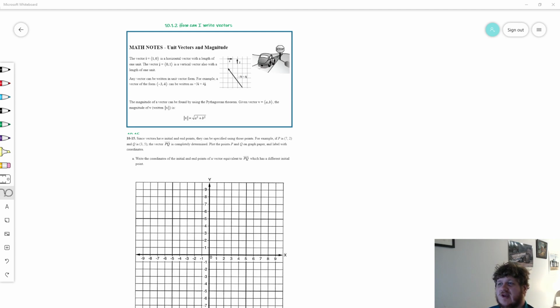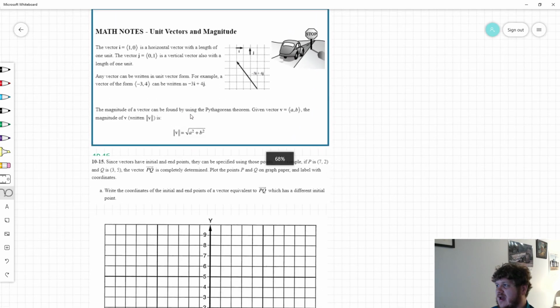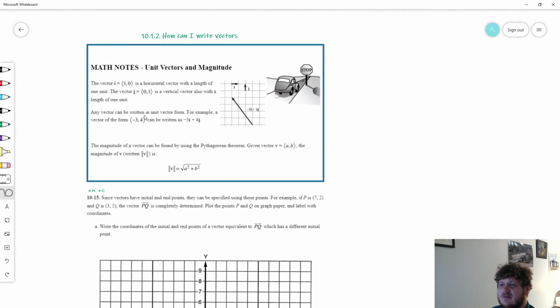So what we're doing today is continuing on the idea of vectors that we started with in Chapter 10. And what we're going into is how can we write vectors? There are a couple of things to know about vectors. Number one is what is known as the unit vectors and magnitude.